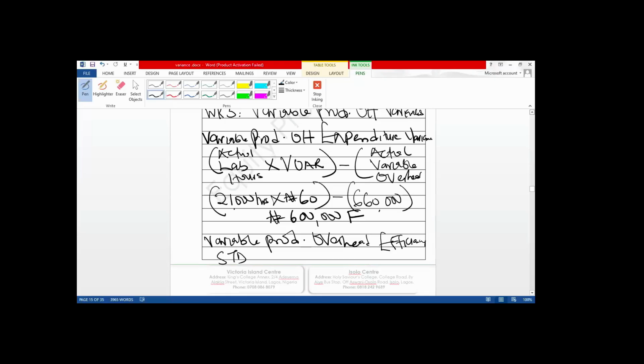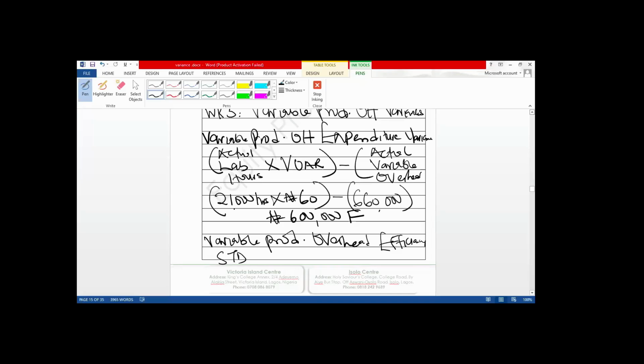Since the actual rate was not given and it was absorbed on labor hours, I divided 660,000 by 21,000, which was 31.4. So 60 minus 31.4 times 21,000.